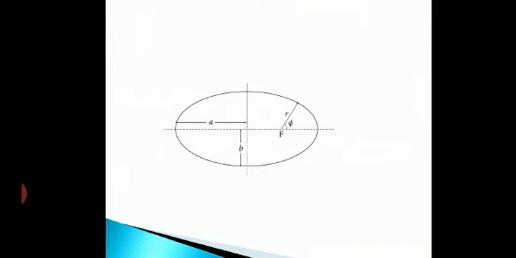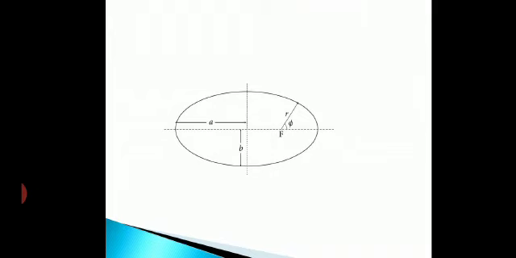As you can see in the figure on the screen, A is the major axis and B is the minor axis of an ellipse. L is your azimuthal quantum number and N is your principal quantum number.